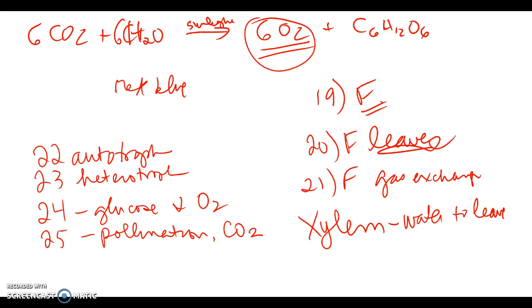It gets the carbon dioxide through the stomata. Then it says, any substance that absorbs light. I'm not sure what that word would be. I'm not sure. 29 says, what is the name of the waxy layer found on the upper and lower surface of the leaf? Well, that's the cuticle, all right?